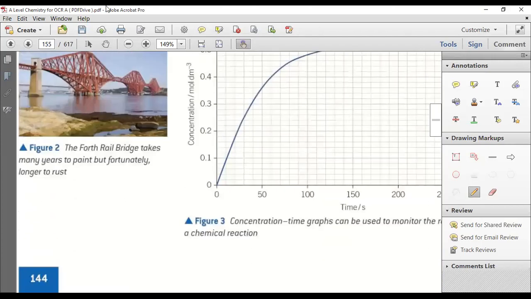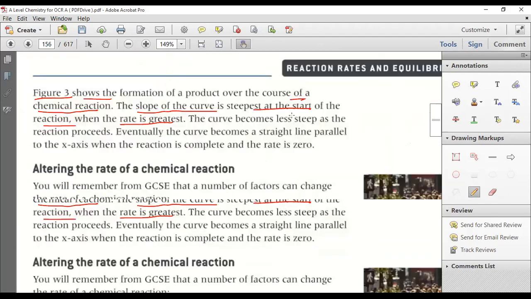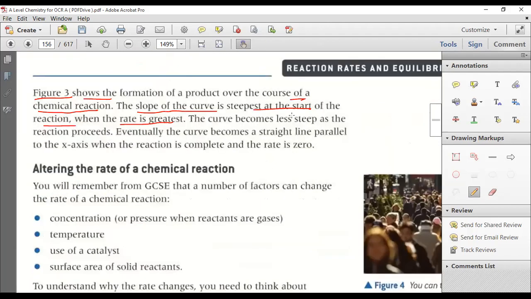If you see, this curve is very steep at the beginning because at the beginning the rate of reaction is high, and as time proceeds, this curve will become parallel to the time axis because it means that the reaction is complete and the rate is equal to 0. Is that point clear?